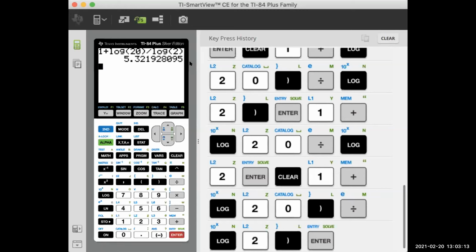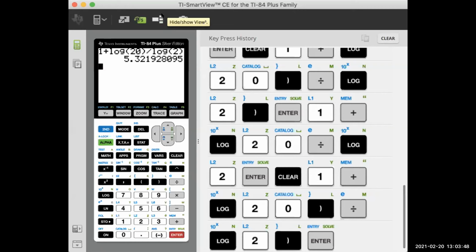Did anyone not get that answer? 5.32. Oh, I guess some people are saying, yeah, got it now. Okay, good. What I will say is that the usual student error when doing calculations is parentheses. It's almost always an error in parentheses.